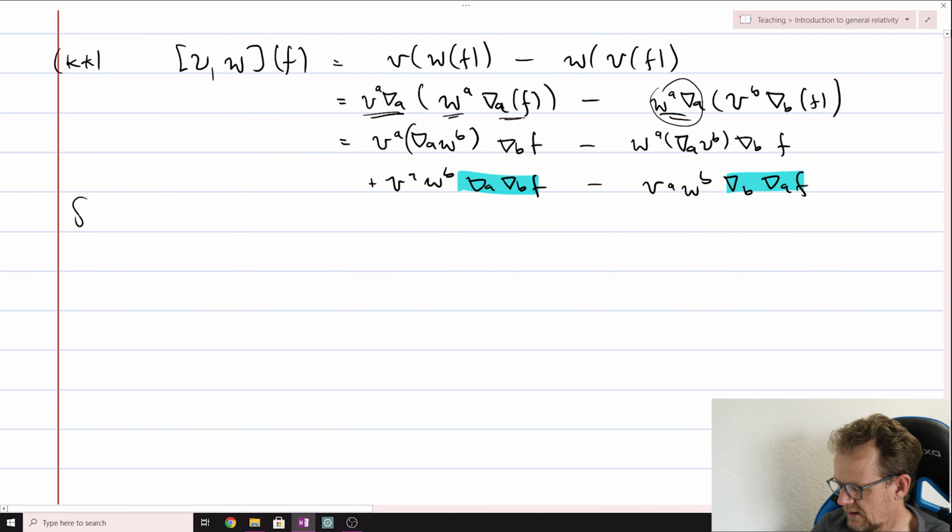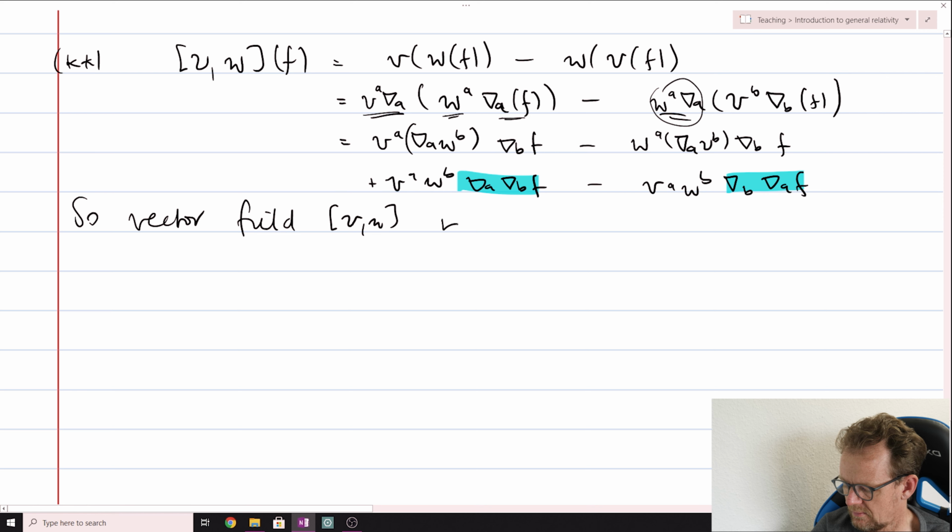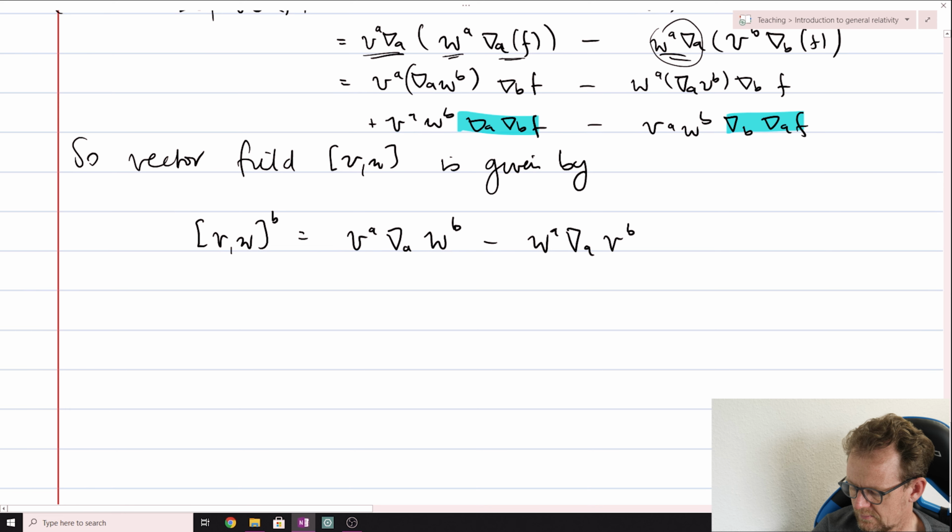So we actually can get a formula for this commutator vector field. We can interpret this vector field as the following tensor, and the following vector field. That's pretty neat.